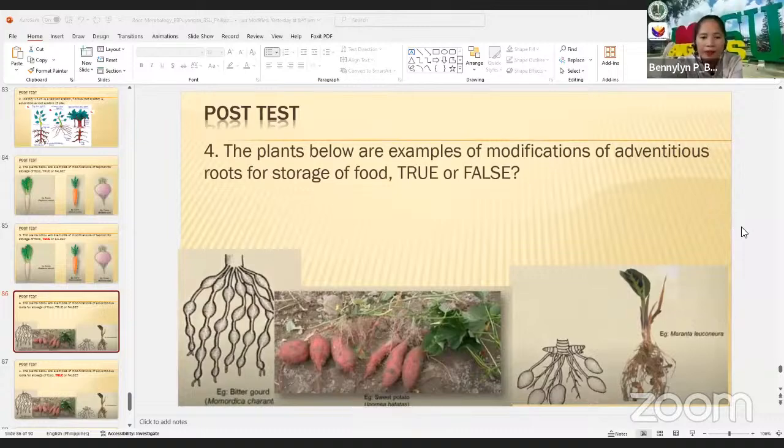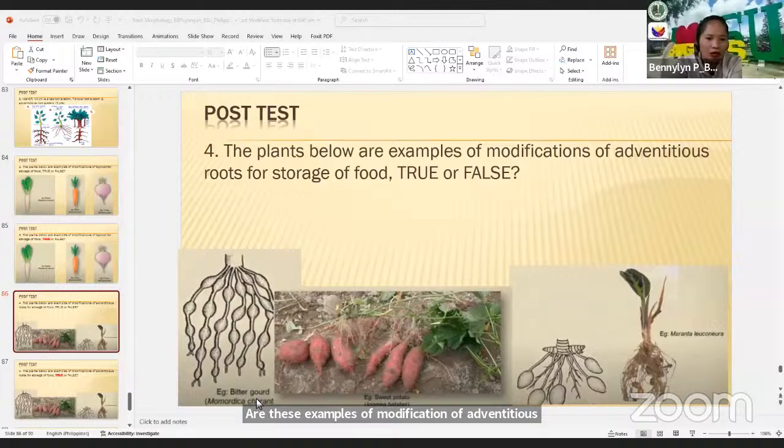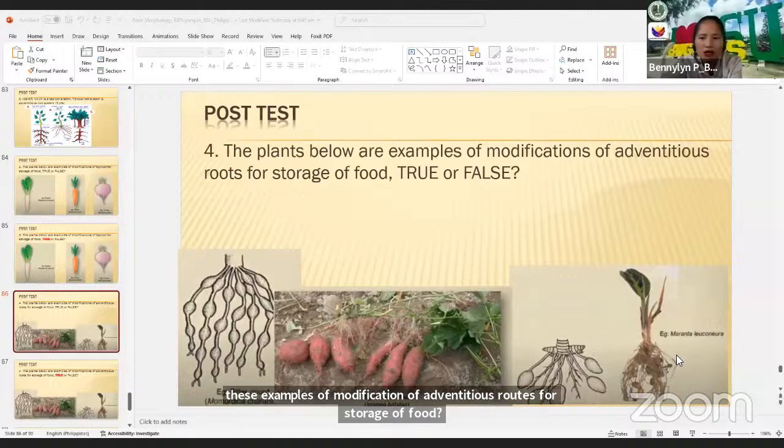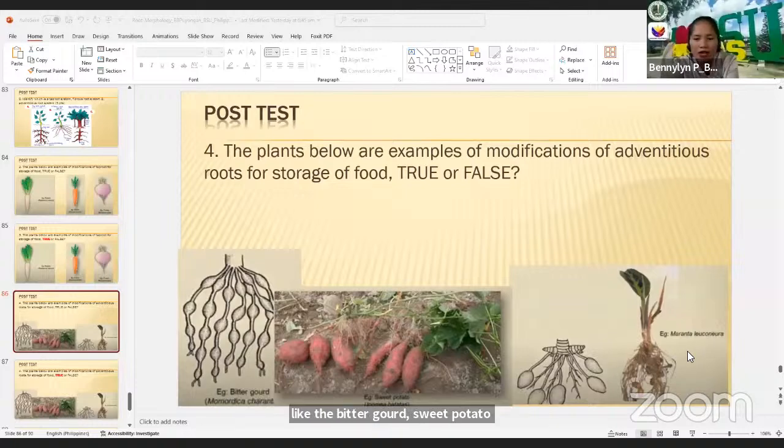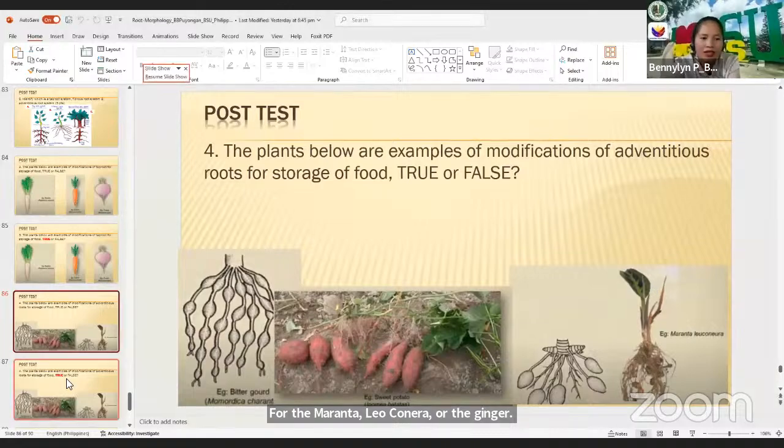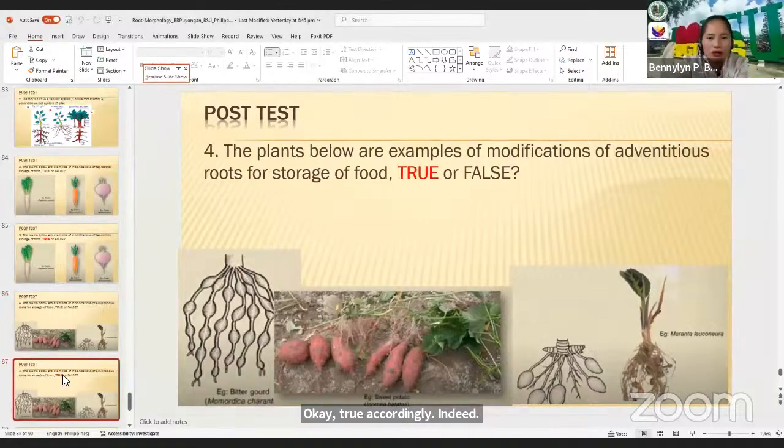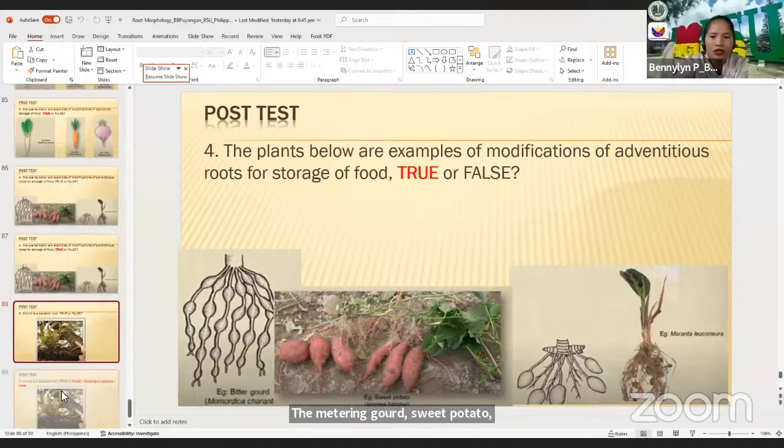For number 4, are these examples of modification of adventitious roots for storage of food, like the bitter gourd, sweet potato, maranta, leuconera, or the ginger? Okay, true, accordingly. Indeed, that is true. So these are modifications of adventitious roots for storage of food: the bitter gourd, sweet potato, and the ginger.